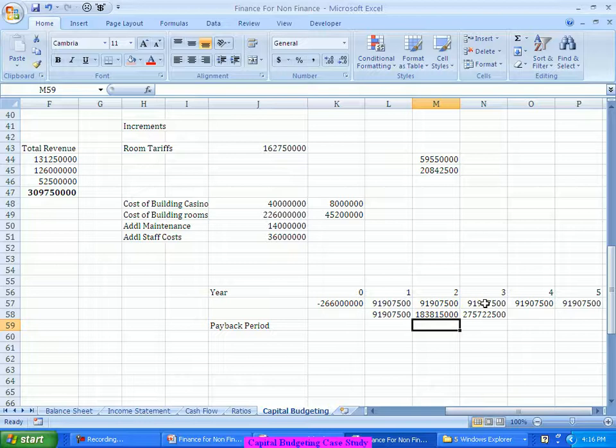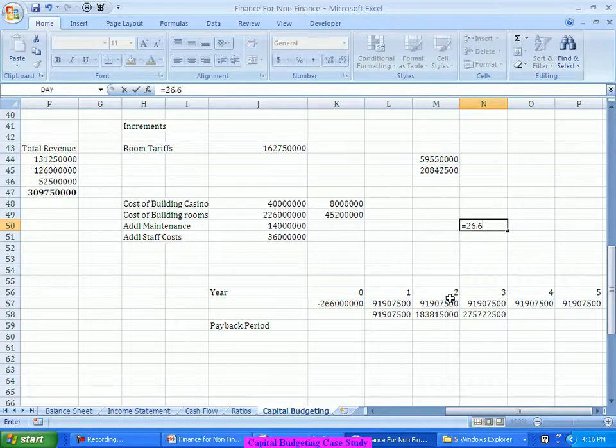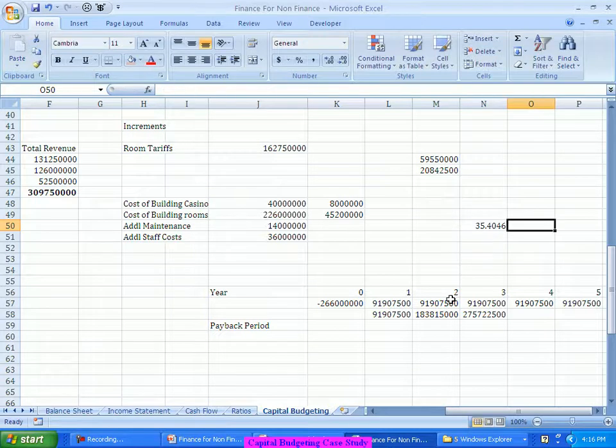It's not just 26. Even if I invest it at 10% per year for 3 years, with compound interest, 26 crores is becoming 35 crores. Interest is 9 crores.